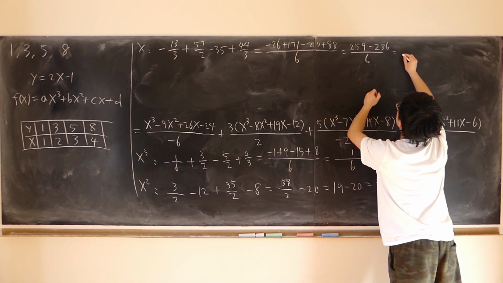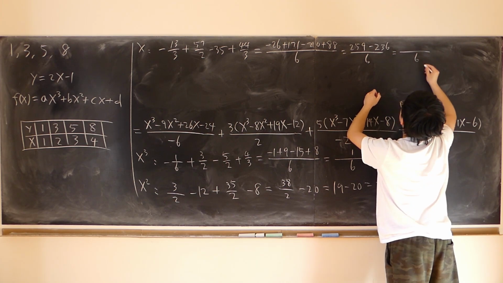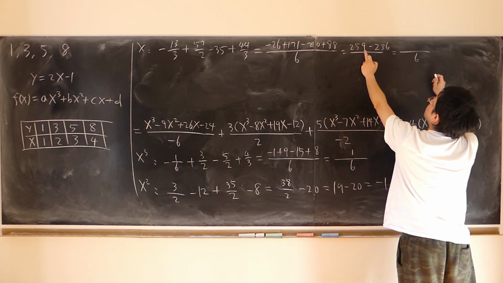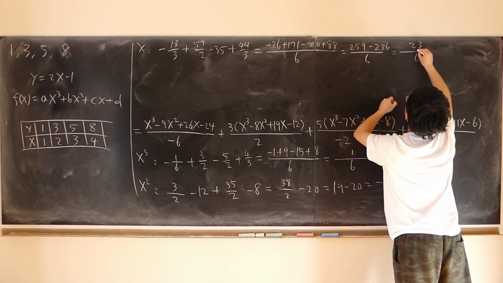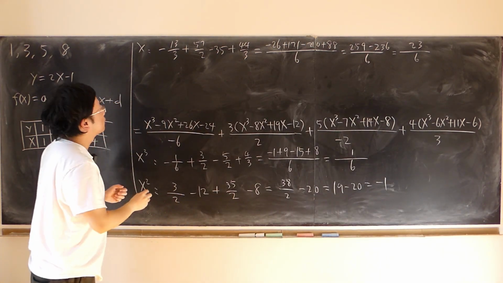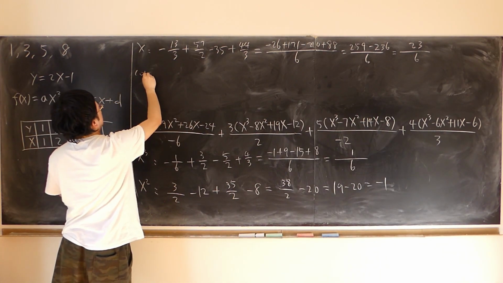Still positive. So what is it? 23 over 6, not simplified. But that's fine.